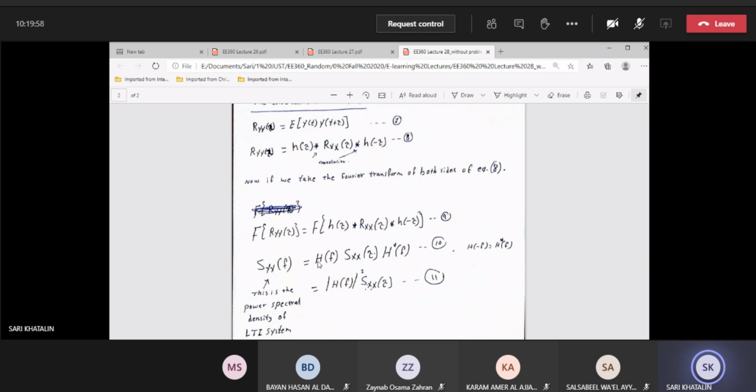And obviously when you take the Fourier transform of the autocorrelation of x, it's going to be the power spectral density. And when you take the Fourier transform for this one, it's going to be the Fourier transform of minus f. But like I said, we can take this minus f and change it to the conjugate of the Fourier transform of f. These are equal.